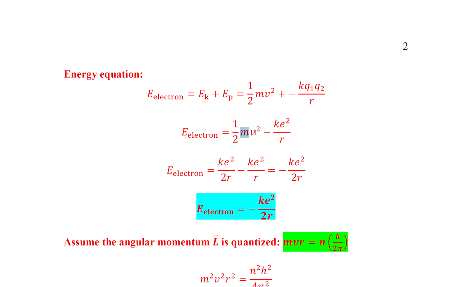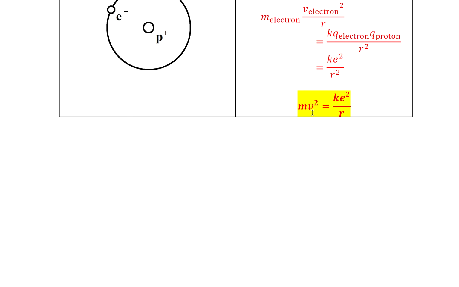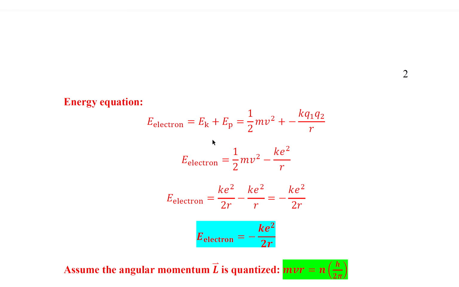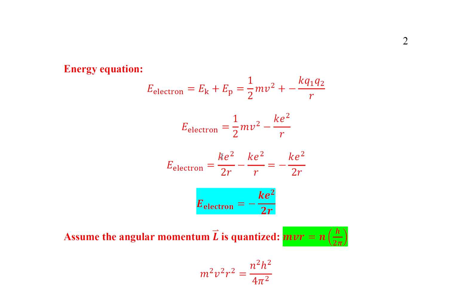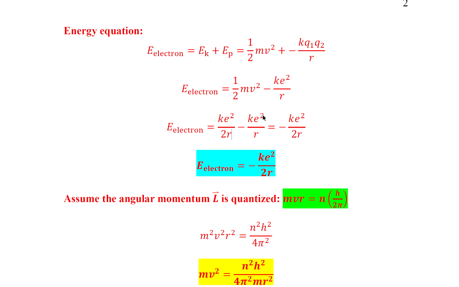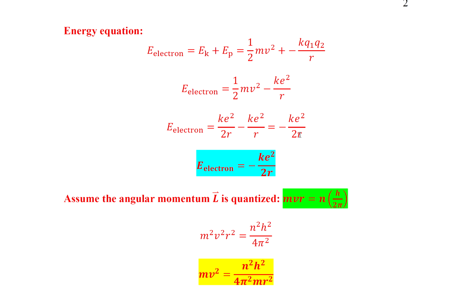What is mv squared equal to? Well, mv squared is here, ke squared over r. So let's substitute that ke squared over r here. And now we have two fractions here. If we get the same denominator, we get minus ke squared over 2r.